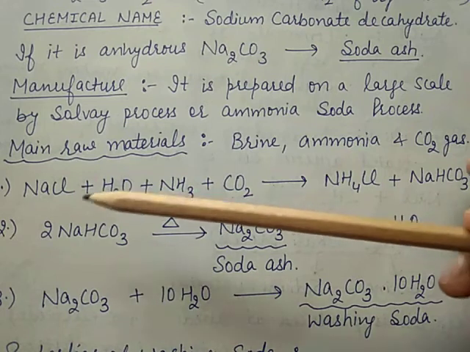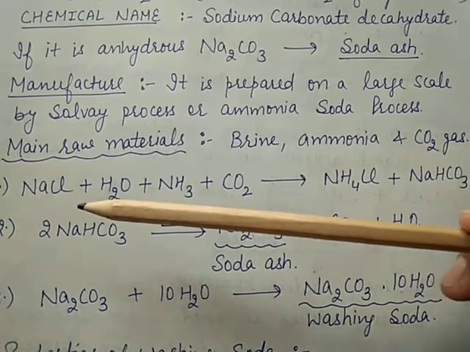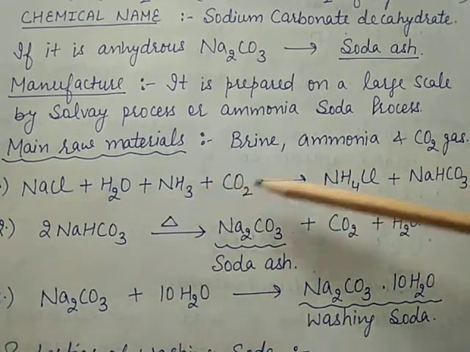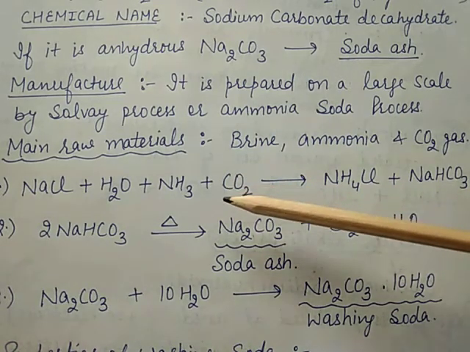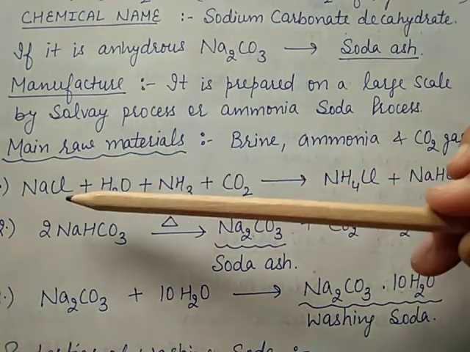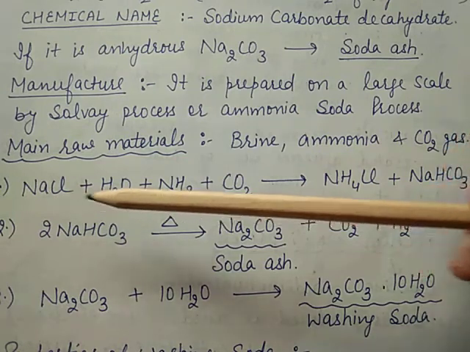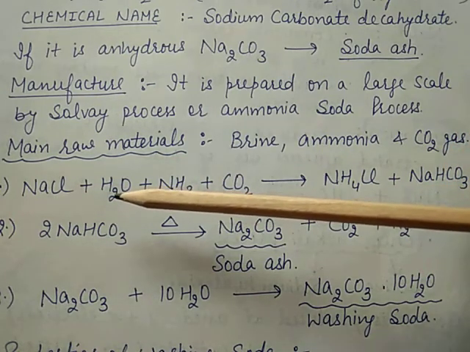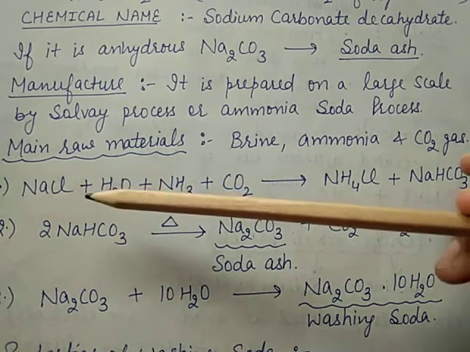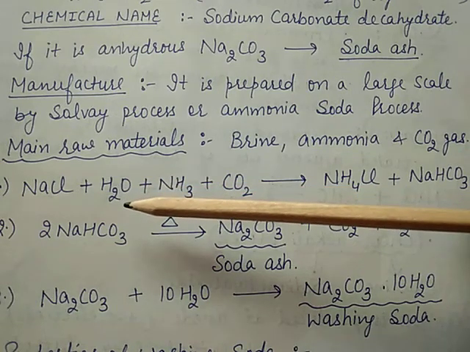Step number 1. Both ammonia and CO2 are passed through the brine solution. Brine solution means NaCl plus water, or sodium chloride solution.